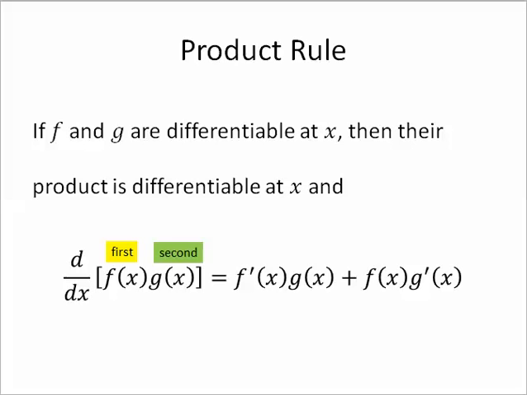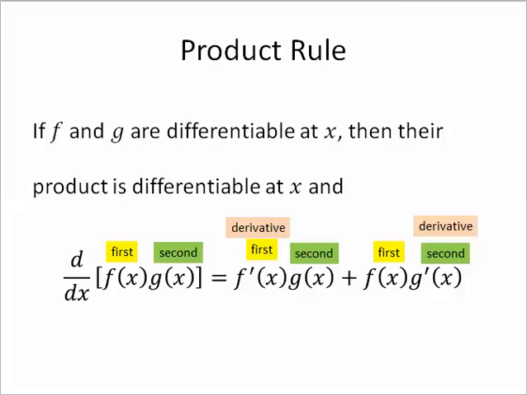I call F first, and I call G second. And this is how I say the rule to myself. The derivative of a product is the derivative of the first times the second plus the first times the derivative of the second.